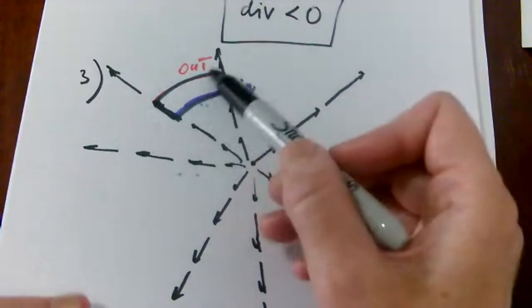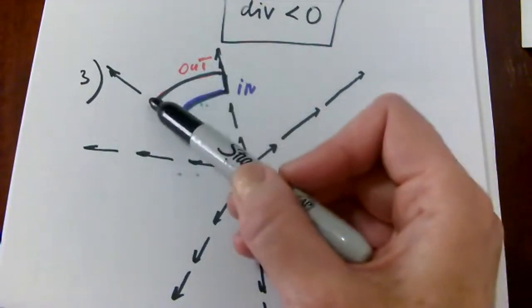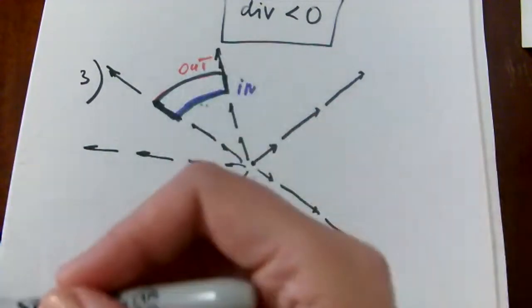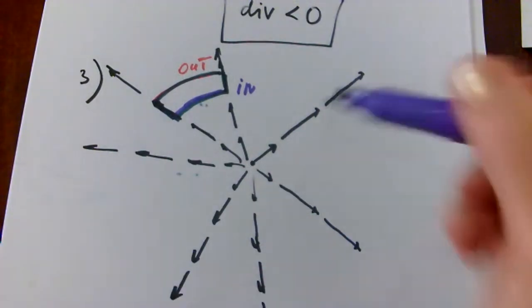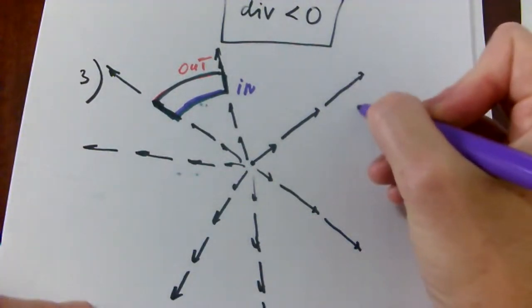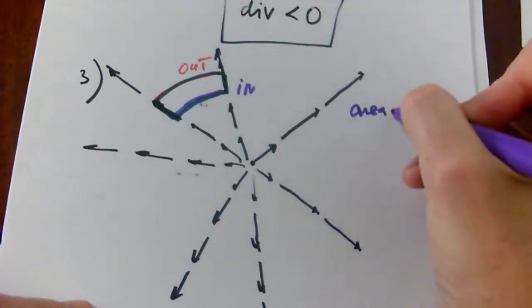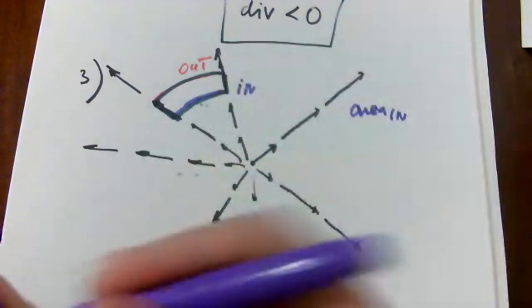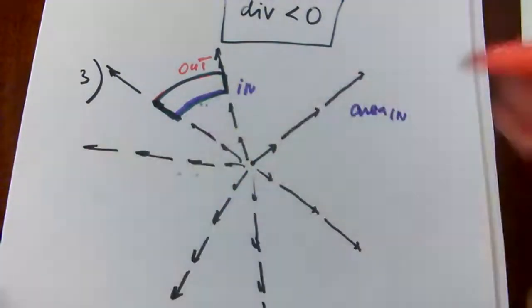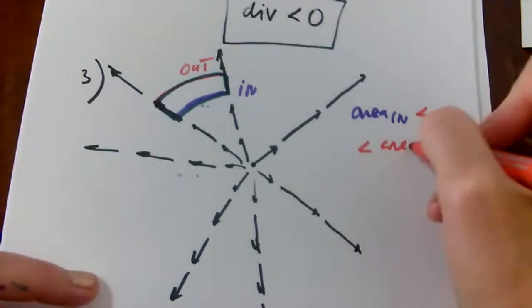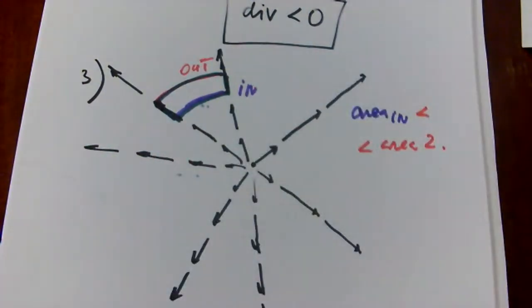But as for these surfaces, it's time to analyze them. Look at this. It's pretty obvious that the first area is actually smaller than the orange area. So area 1, area in, is smaller than area 2, not much, but smaller. We should be careful about it.